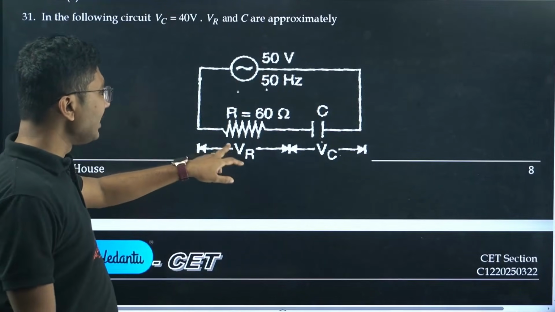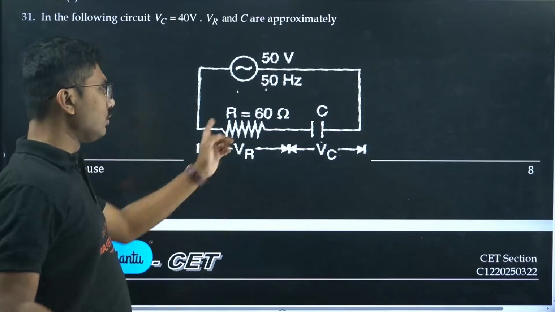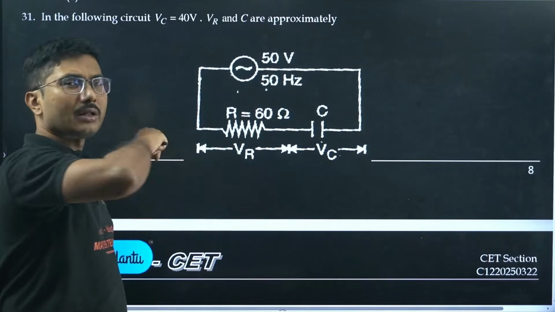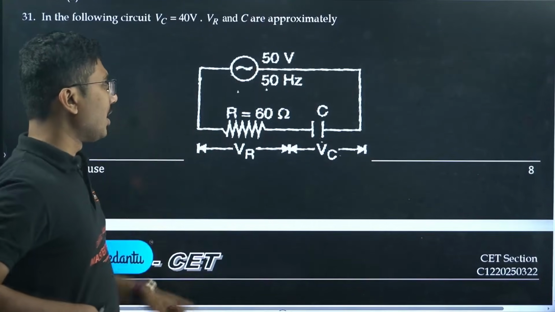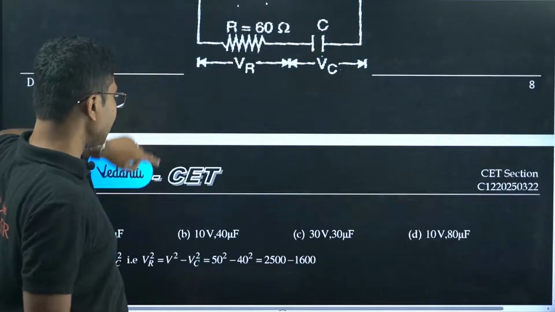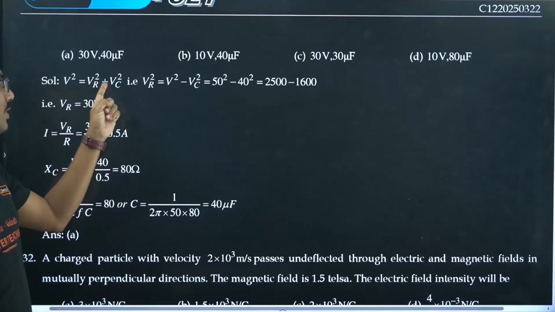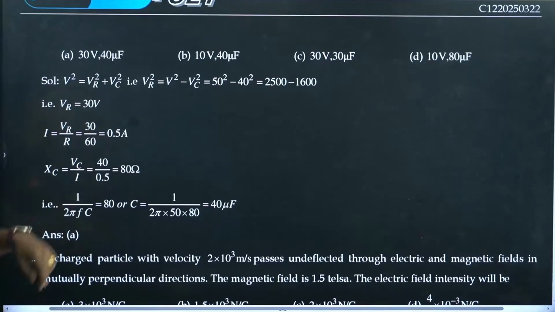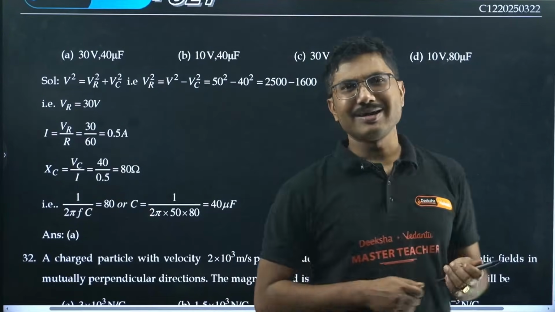Obviously we know that the square root of VR square plus VC square, as only two of them are there, R and C, will give you the total voltage V, that is 50. So V square equals VR square plus VC square, and if you simplify, you can calculate VR to be 30 volt.